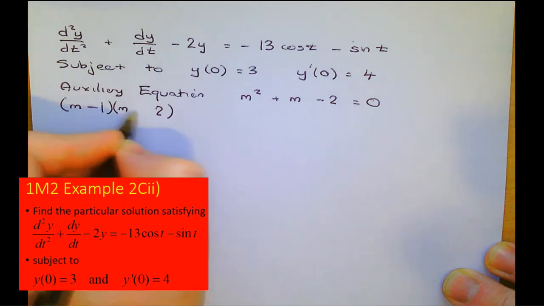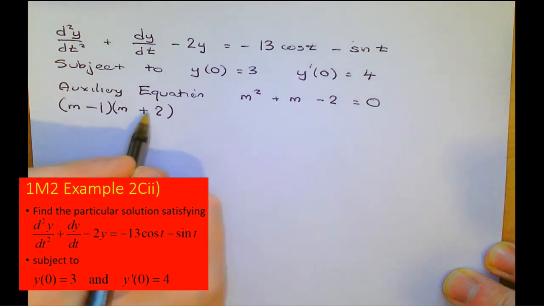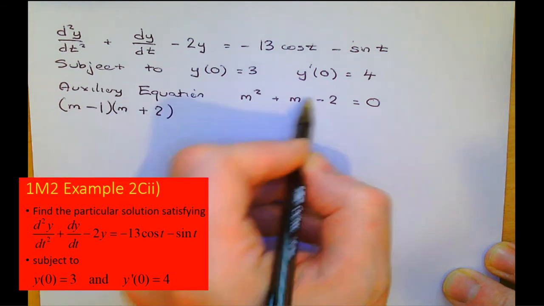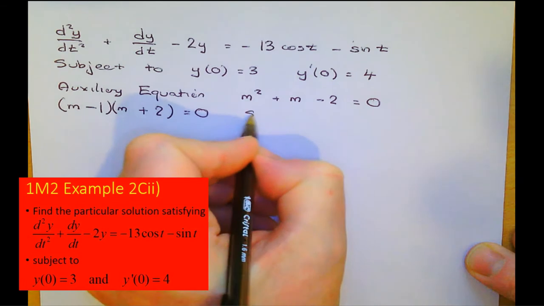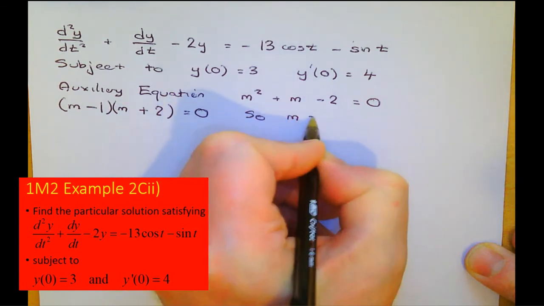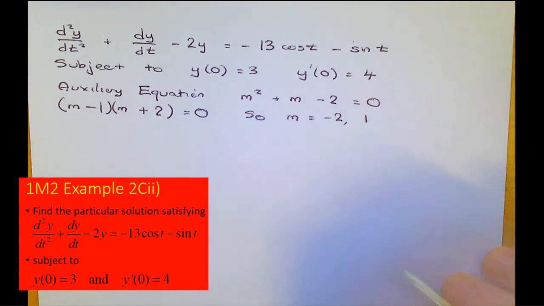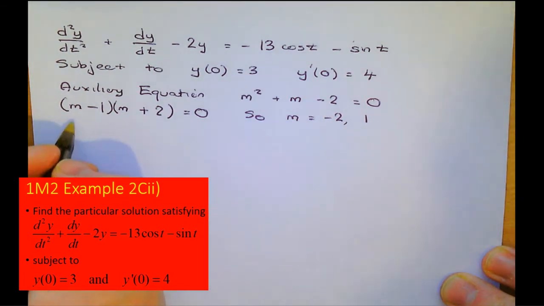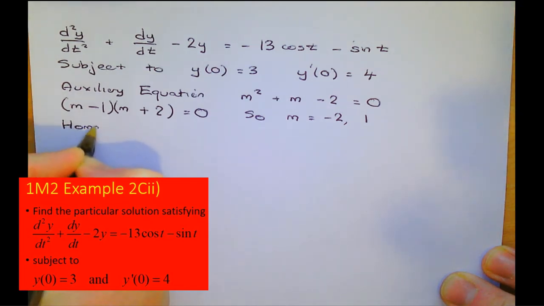So m minus 1 times m plus 2 gives us the minus m plus the 2m here. So we have two values. m is going to be minus 2 or 1. Two real, distinct solutions.